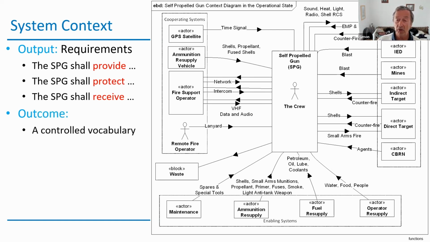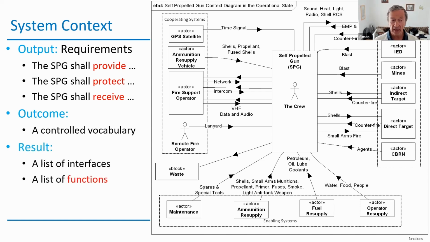And what we've got is a really controlled vocabulary. We have names for everything, and they are unique names for everything, which is really important, particularly when English is not your first language. We've got the list of interfaces. We also have a list of functions, the top level functions that this system needs to do.